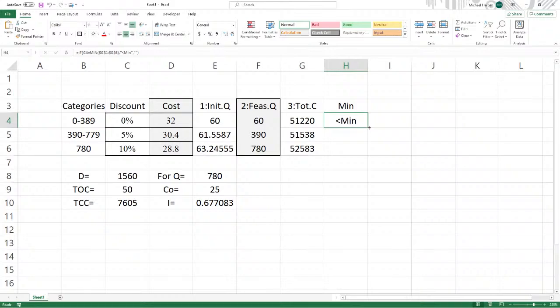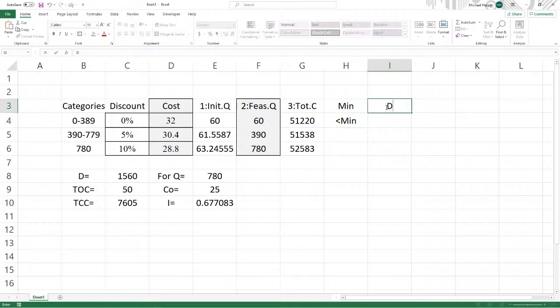Oh, that is the minimum. The other two? Yep, the other two are not. That is the minimum. Actually, what's the difference? What's the difference here? It's going to be equal this minus this, and this will equal this minus this.